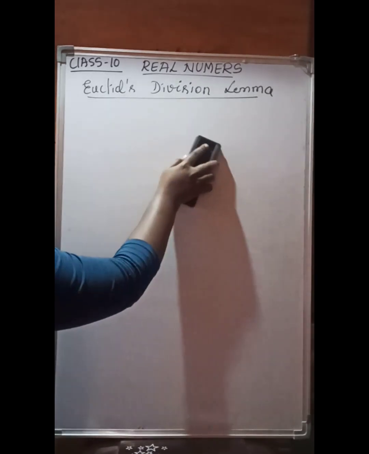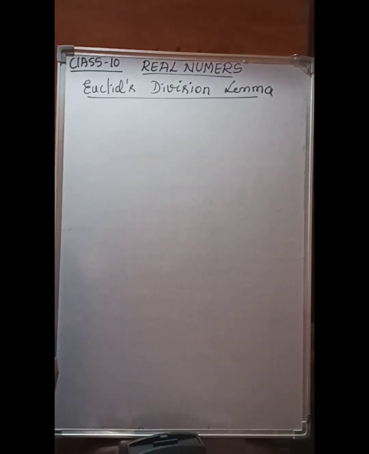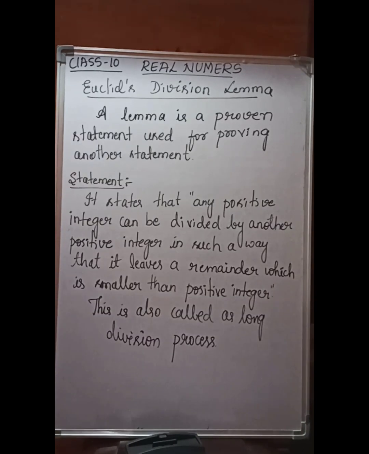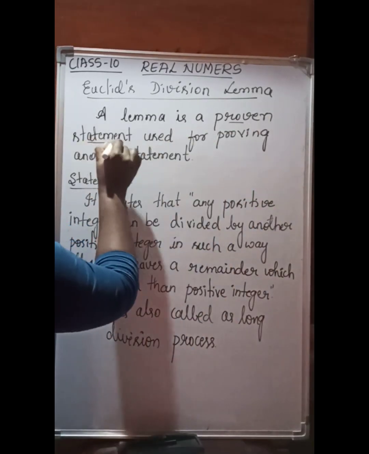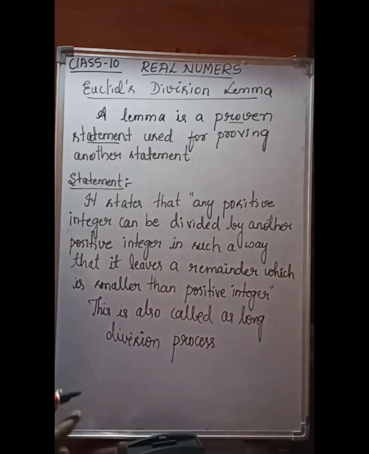So what is Euclid's division lemma? We know that division is nothing but repeated subtraction, right? So what is the meaning of lemma? We'll see now. A lemma is nothing but an already proved statement. Somebody has already proved that.